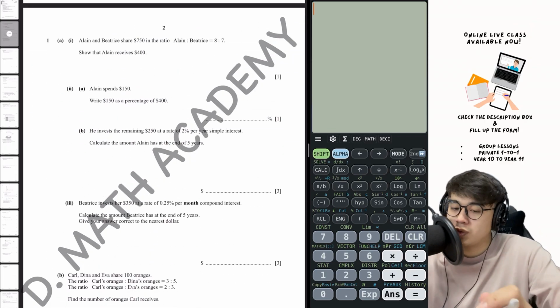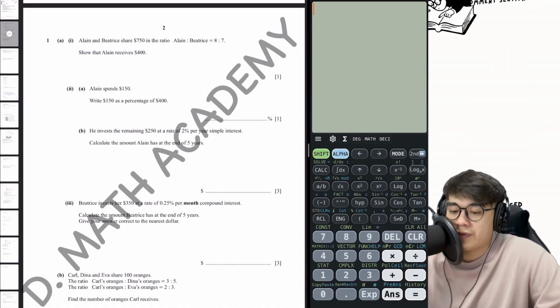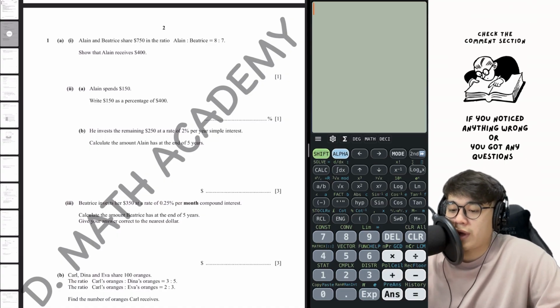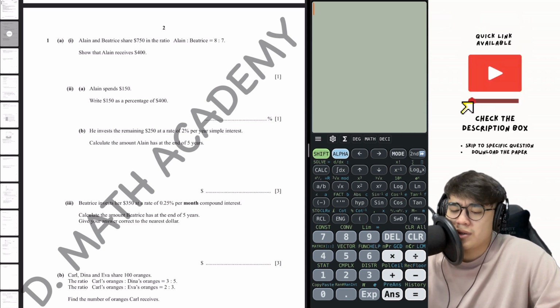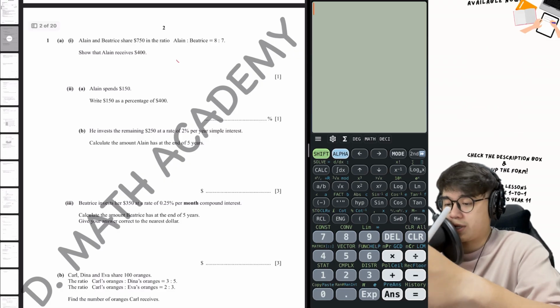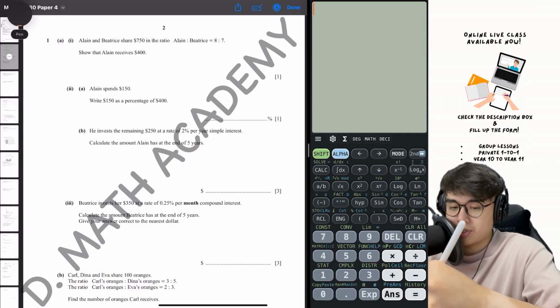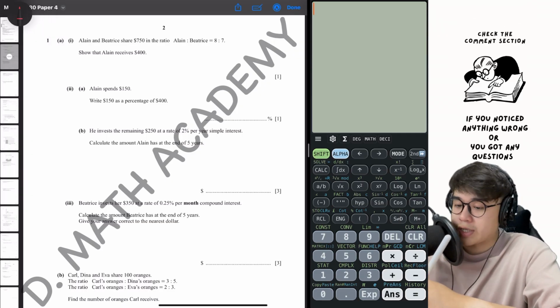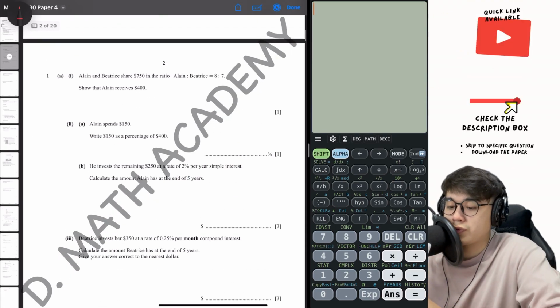So in question 1 here, Elaine and Beatrice share 750 in a ratio of 8 to 7. Show that Elaine received 400. Okay, so kind of surprised they asked this because this question here seems to be quite straightforward. So as per usual, to solve this question, you will have to do the total ratio first.